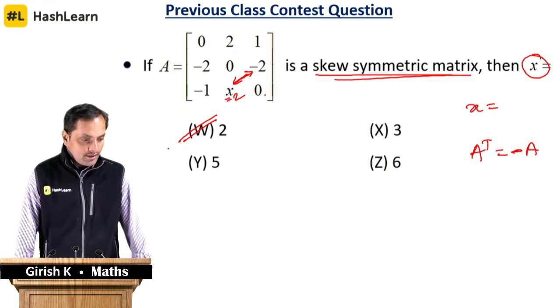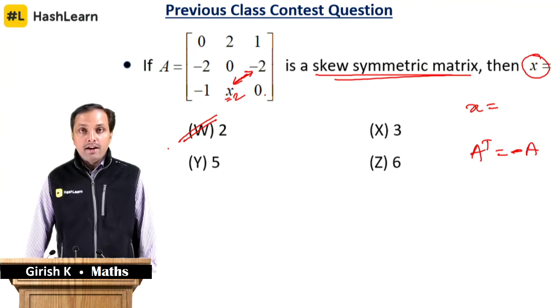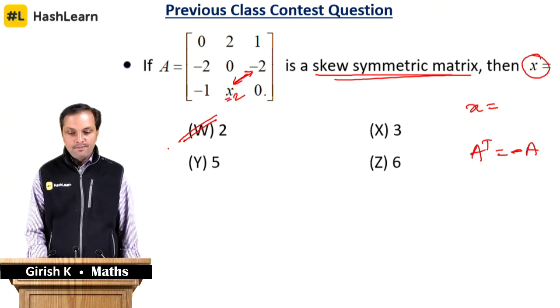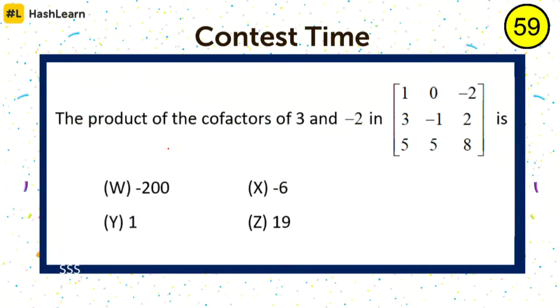Okay, fine. So now today's contest question. Get ready students. Here is the problem for the day. Product of cofactors. I had explained you what minors are and cofactors are. You need to take the product of the cofactors of 3 and minus 2 present in the matrix. 30 seconds more.